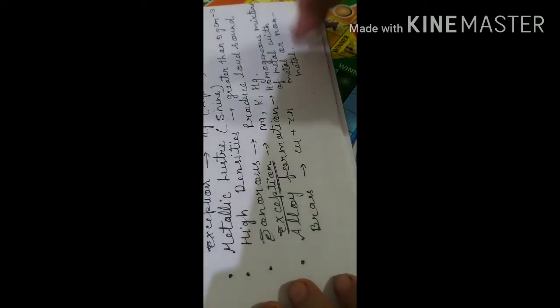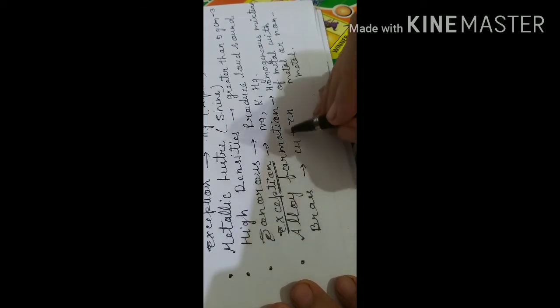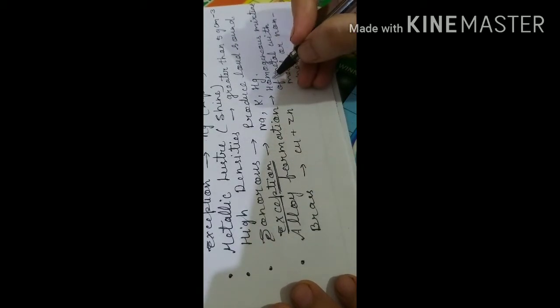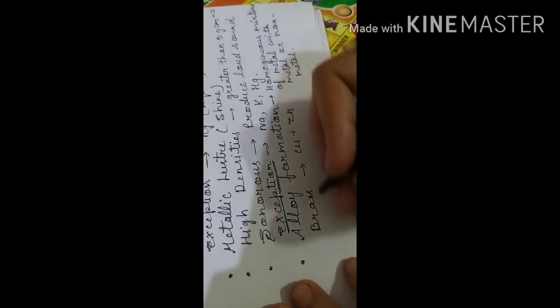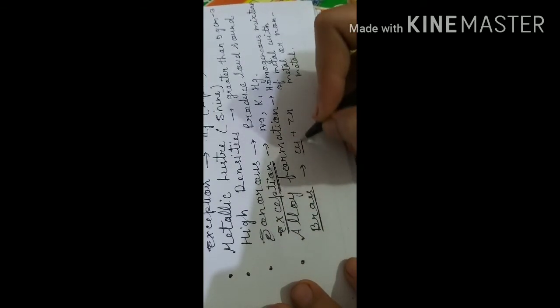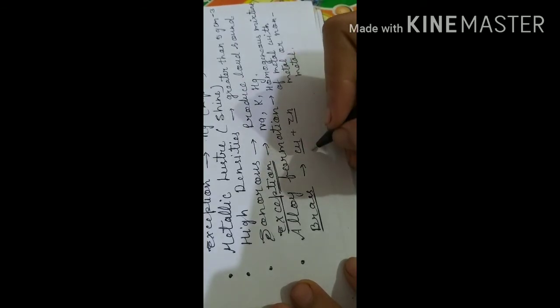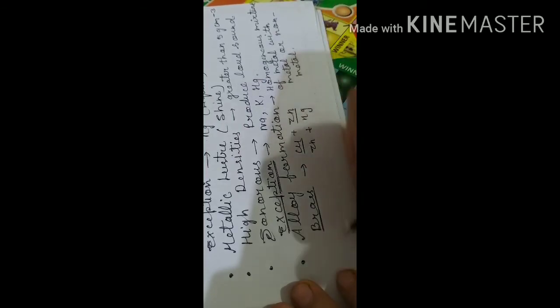Last important point about the metals, alloy formation. First of all, you should know what an alloy is. An alloy is a homogeneous mixture of a metal with a metal, or a metal with a non-metal. Here I have written brass, which is a composition of copper with zinc. Similarly, if you take zinc and mix it with mercury, it becomes zinc amalgam.